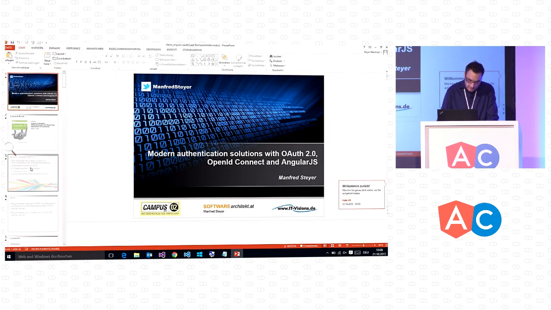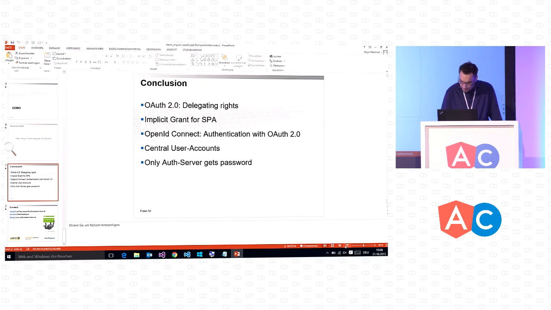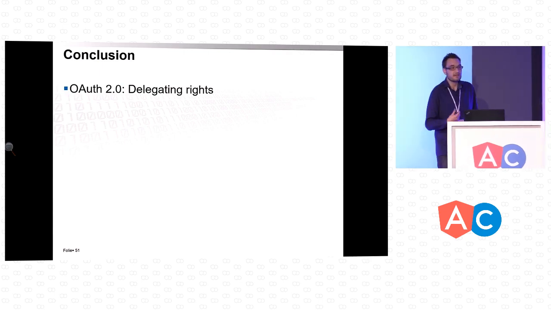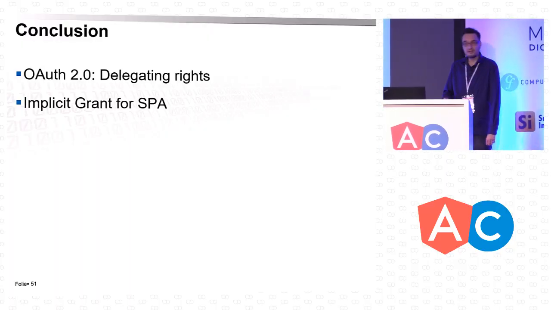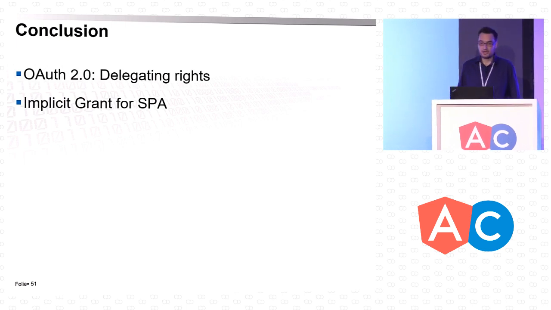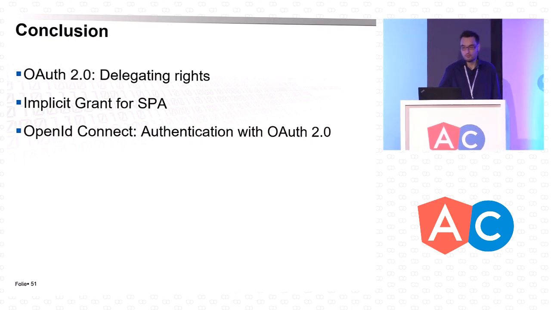So let me come to the conclusion of all this. What did we see? We have seen that OAuth 2 is primarily for the delegation of restricted rights. We have seen that there is something called the implicit grant, and this implicit grant is for single-page applications that want to use OAuth 2. We've seen that OpenID Connect defines how to do authentication with OAuth 2.